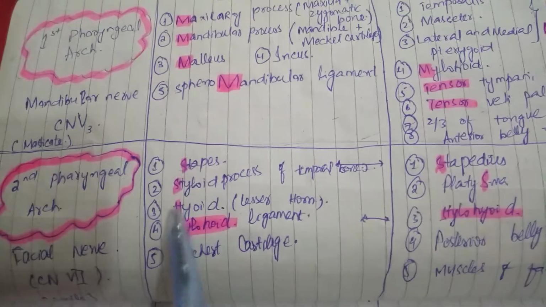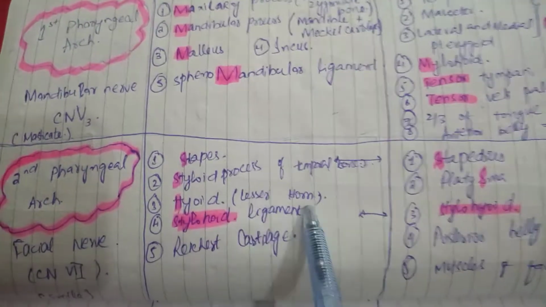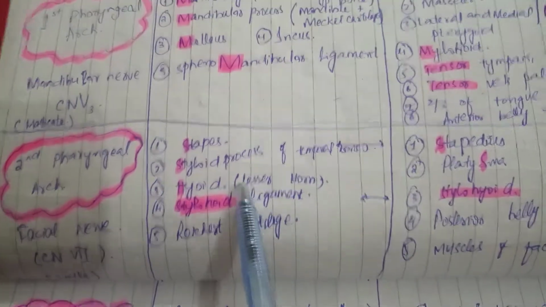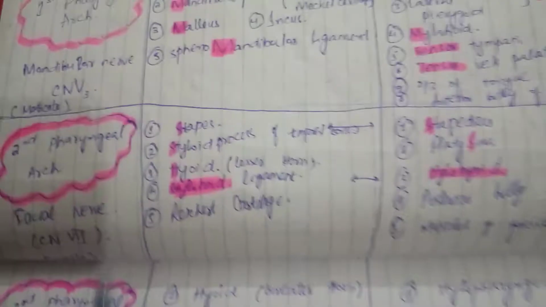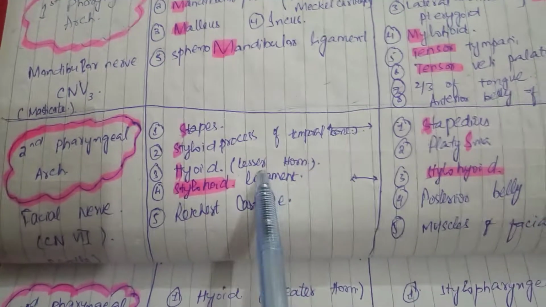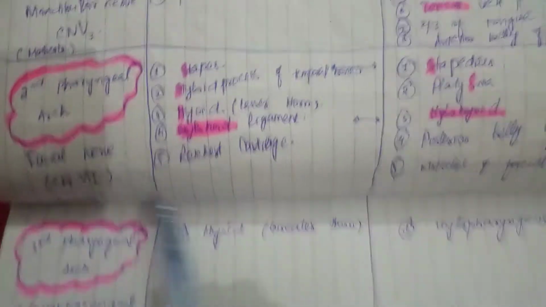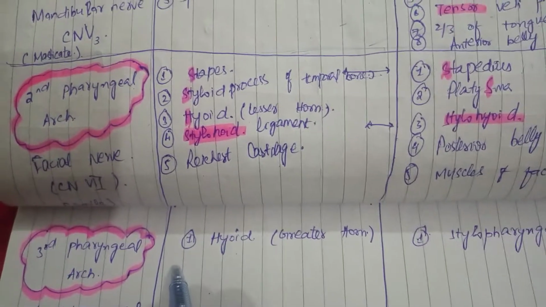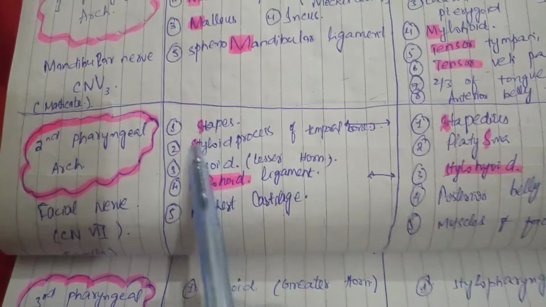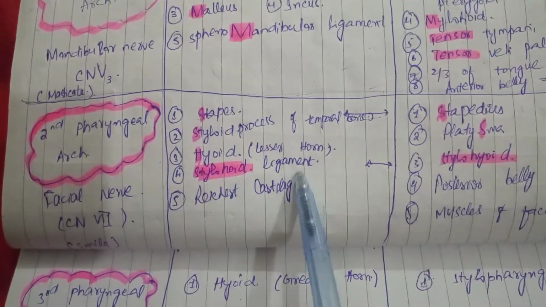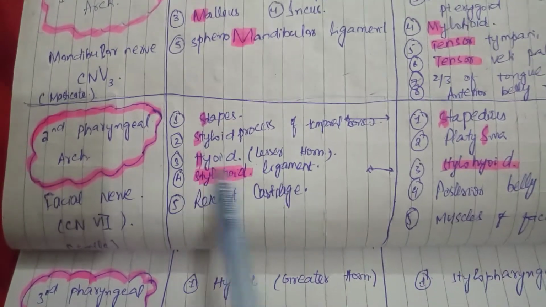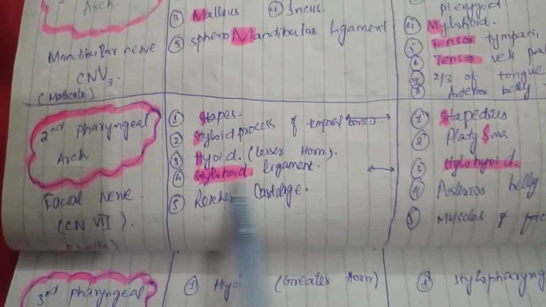And then another one is the hyoid, the lesser horn only. You remember that 2 is lesser than 3. So that's why the hyoid lesser horn is from the second pharyngeal arch, and the greater horn is from the third pharyngeal arch. Then stylo and hyoid, mix that up: stylohyoid ligament. If you remember styloid and hyoid, you will remember the stylohyoid ligament.